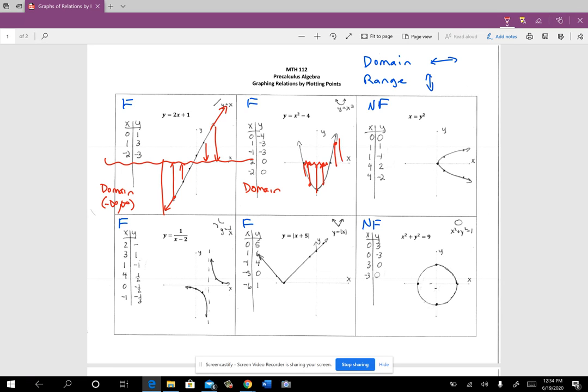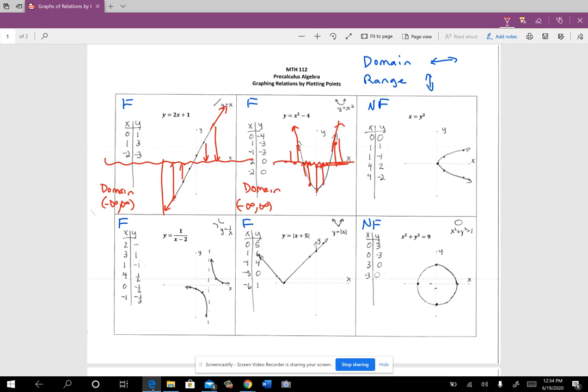And then these points and those points would cover up all the rest of it. So the domain would be from negative to positive infinity. So what it is how that keeps going out as it goes up. You can plug in any x you want, can't you? When you look at the equation, you can kind of confirm that.